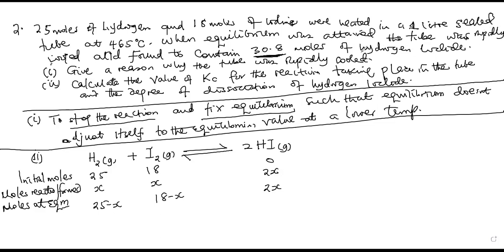If at equilibrium it contained 30.8 moles of hydrogen iodide, and here you have the moles at equilibrium as 2X, it would imply that 2X is equal to 30.8 because all these are moles at equilibrium. All right. So for 2X equals 30.8, we can get our value of X by dividing by 2, and it is going to be 15.4.